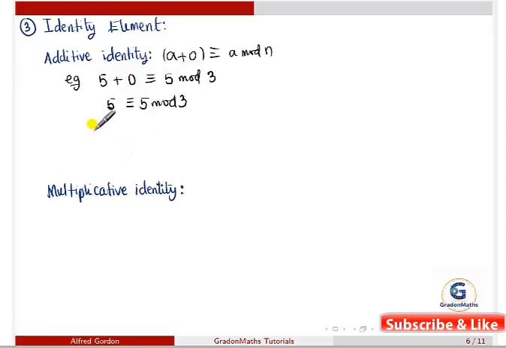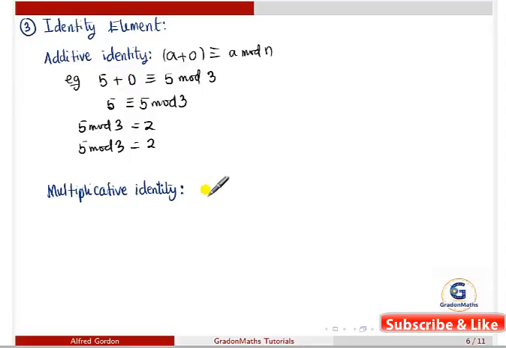So here we have two modulos to work on. To test whether this is really equivalent, we do 5 mod 3, which gives us 2. And on the right hand side we have 5 mod 3, which is also equal to 2. So we can see that, yes, it is equivalent.